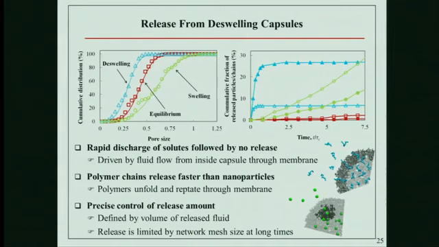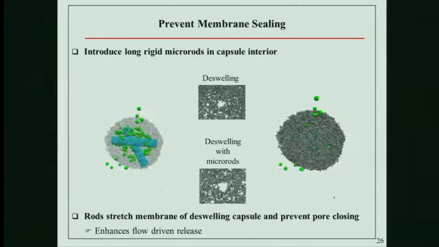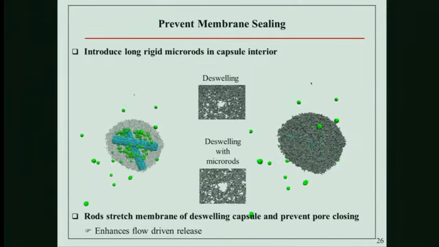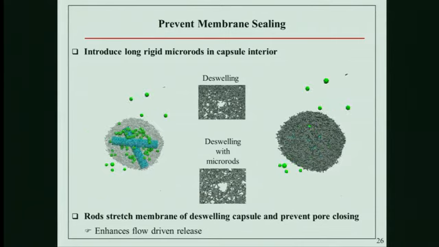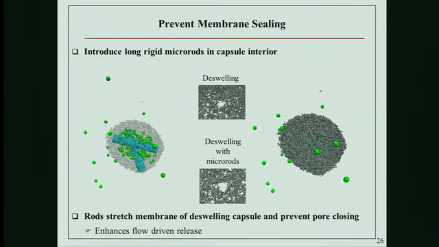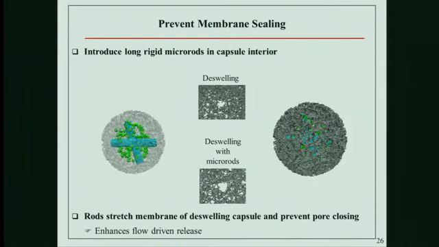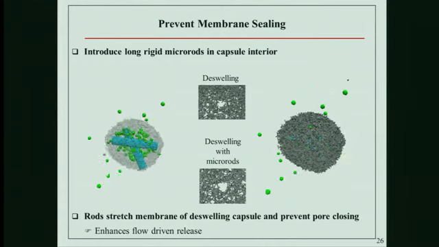Okay, so to help these particles, we thought, can we somehow keep the pores open? So we said, let's introduce some constraint inside the capsule that will stretch the capsule as it deswells, and this stretching will create larger pores so the particles can escape.